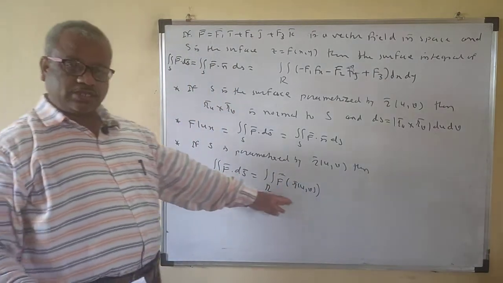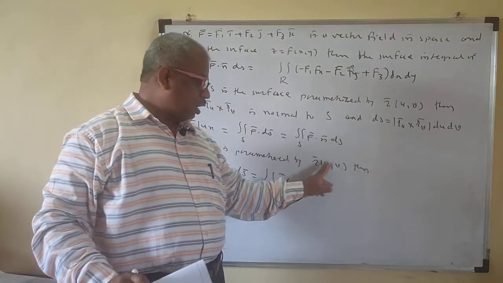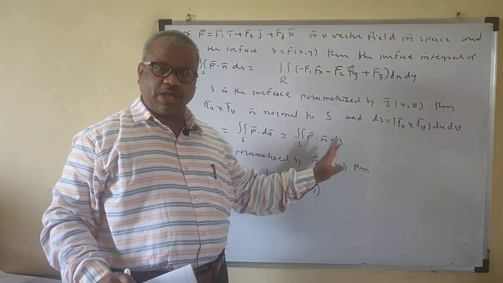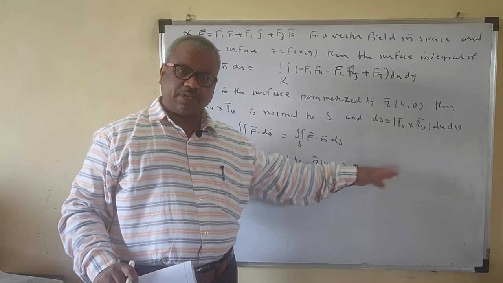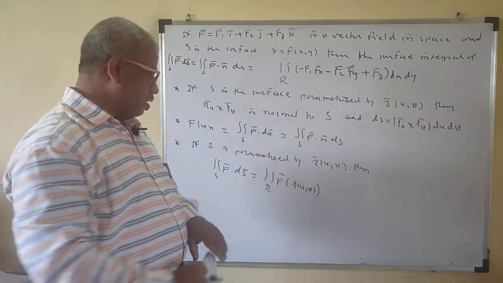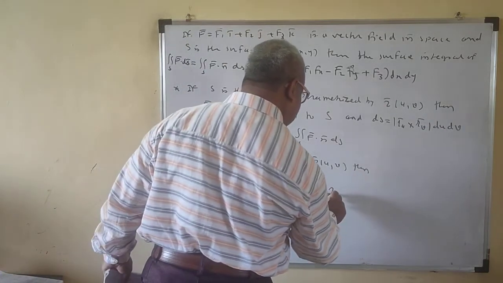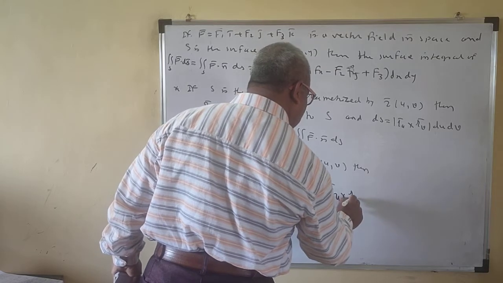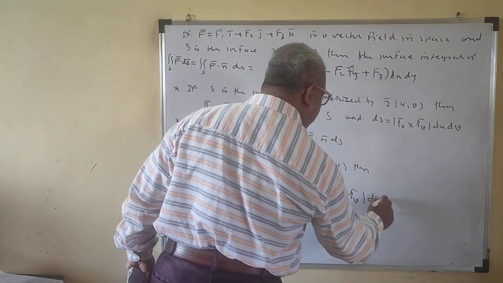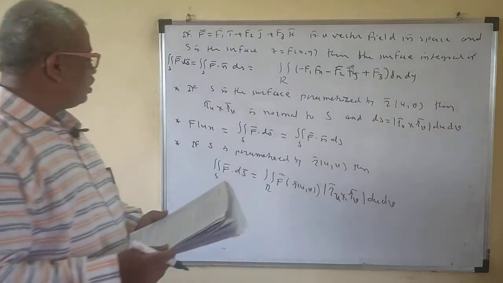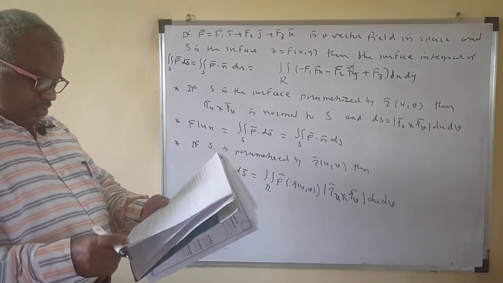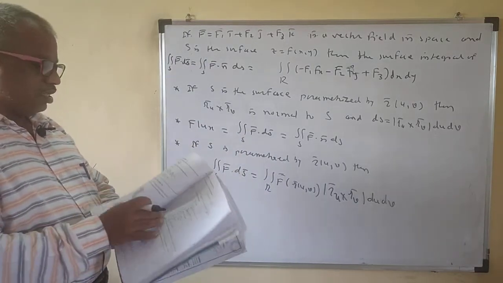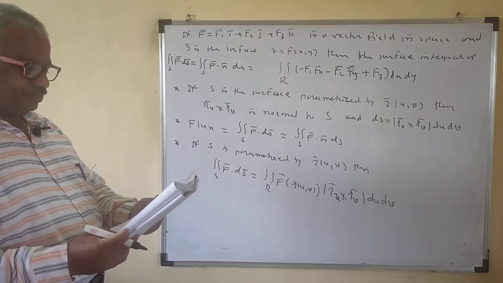That means r bar of u, v is f of u, v i bar plus g of u, v j bar plus h of u, v k bar, and then you write r u bar cross r v bar du dv. This is the meaning of the parametric surface integral.